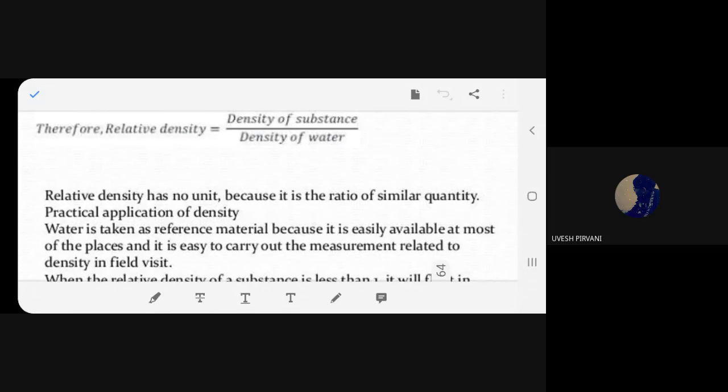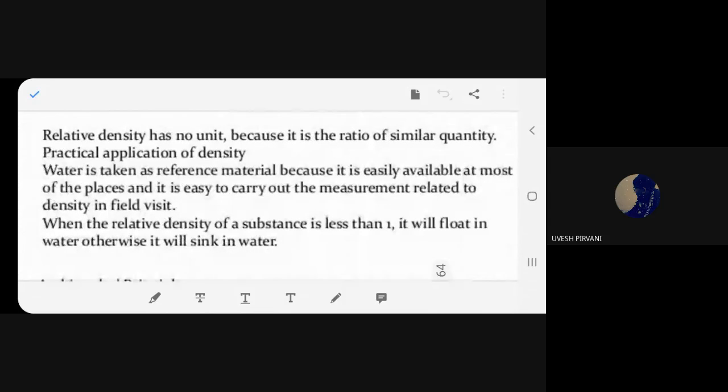Relative density has no unit because it is the ratio of similar quantities. Practical application of density: water is taken as reference material because it is easily available at most of the places and it is easy to carry out the measurement related to density in field visits.